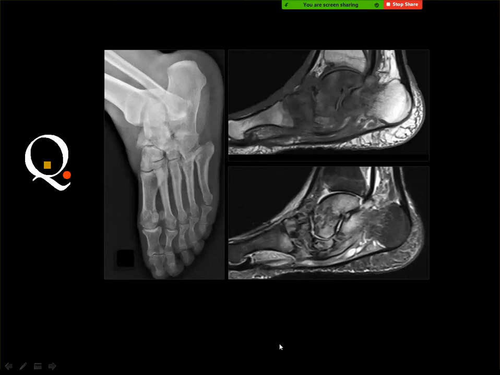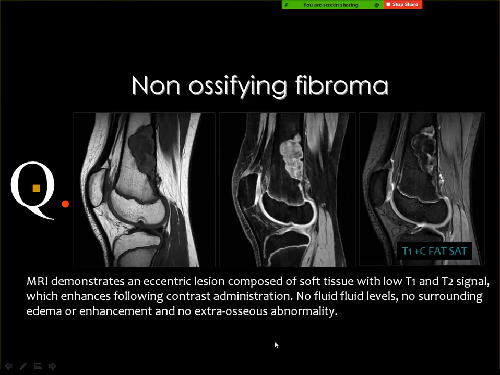Dr. Mamdouh, how can we differentiate it from a chondromyxoid fibroma? Actually, chondromyxoid fibroma is not one of the frequent lesions we see in clinical practice, but it is usually associated with some expansion of the bone and some sclerosis of its cortex.